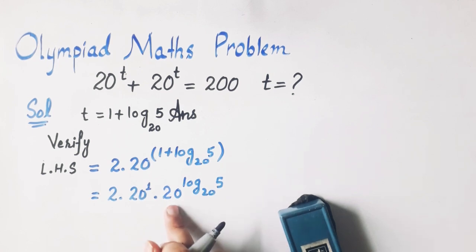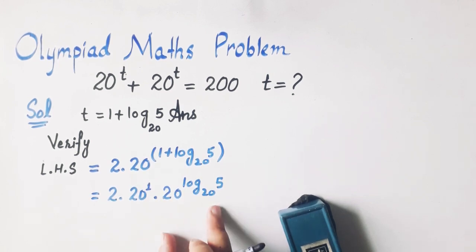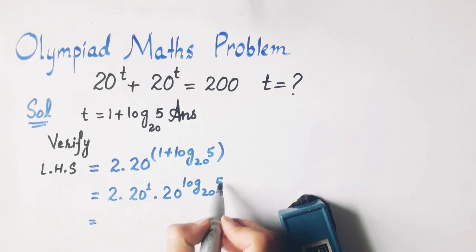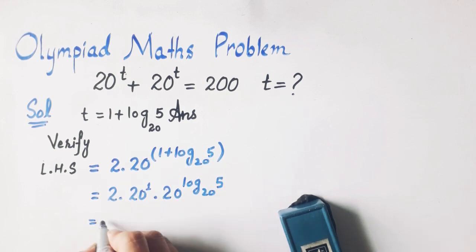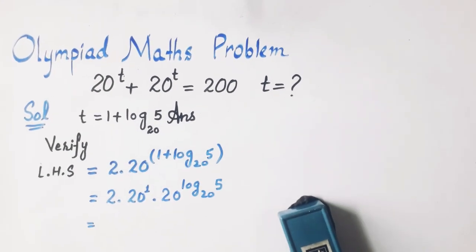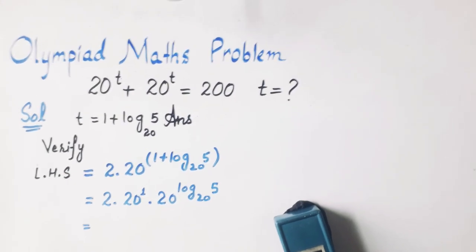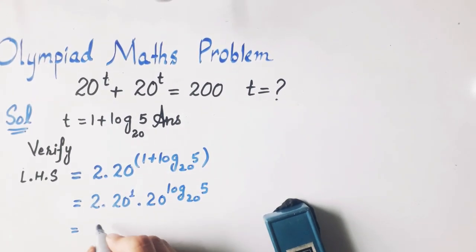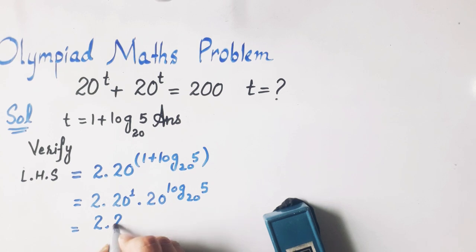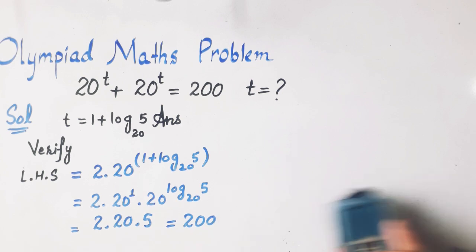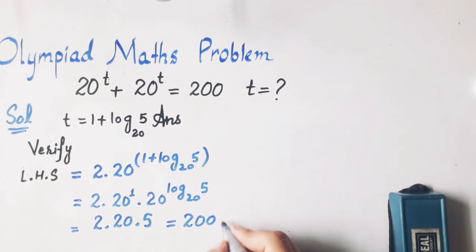When the base and this are the same, it means that we will write this as the power. So we got this equals 2 into 20 into 5. So this will become equal to 200. It means our answer is correct.